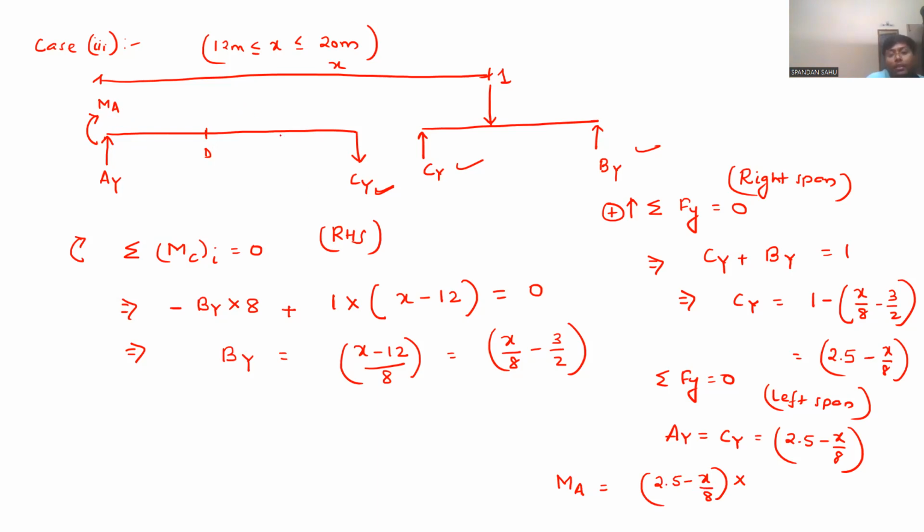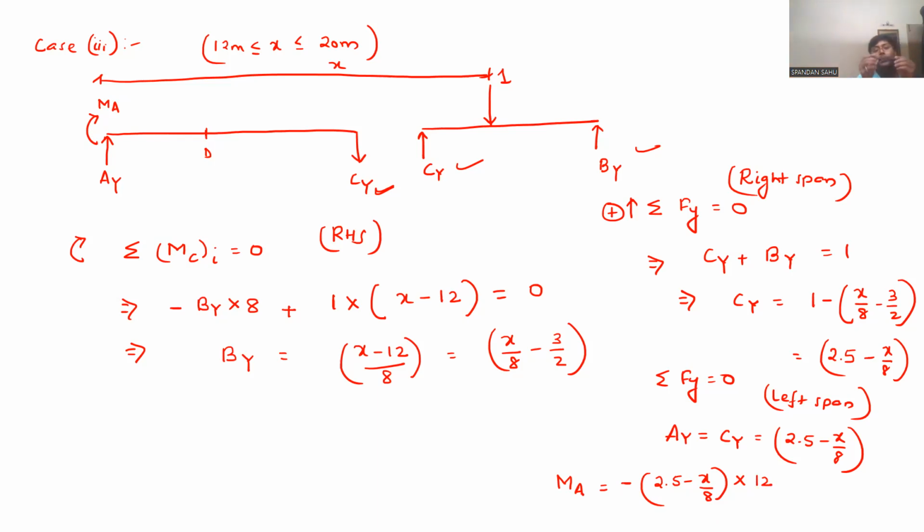This is 12 meter, into 12. And this MA, we have shown it in this way. So if you want to keep this direction, you have to add another negative sign.